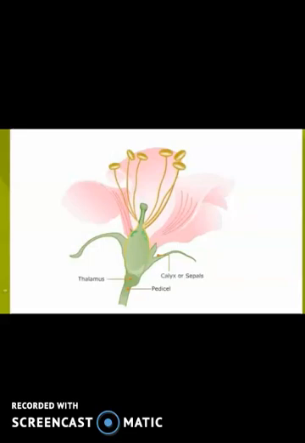Here you can see the green base, the green stem. The basic part, the stem, is the pedicel.